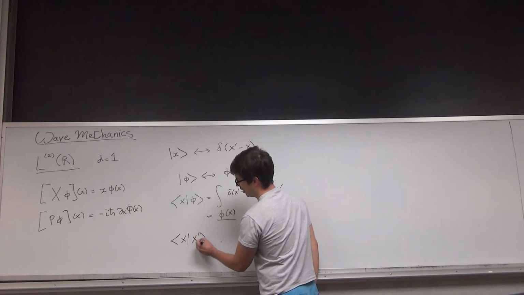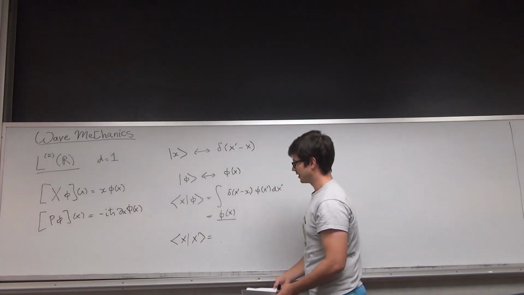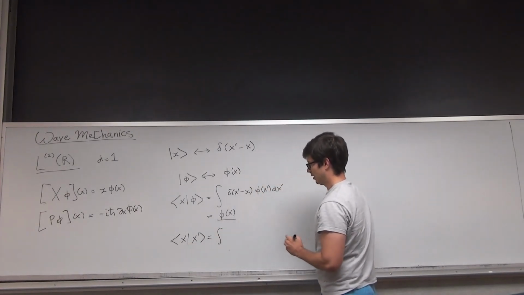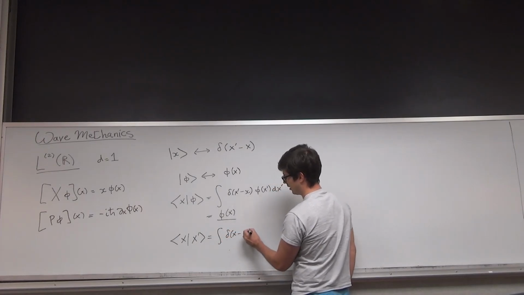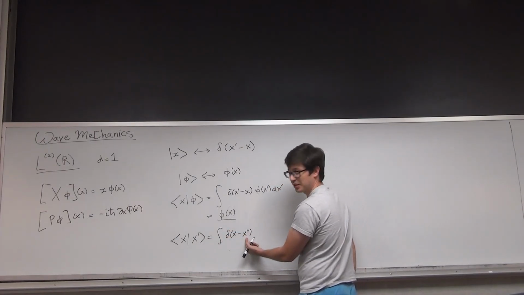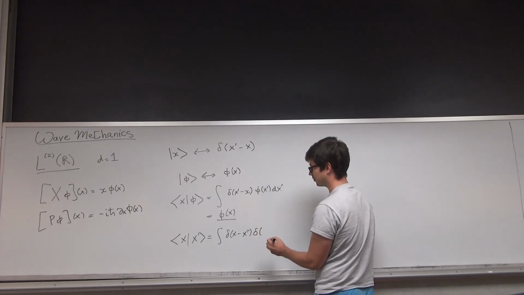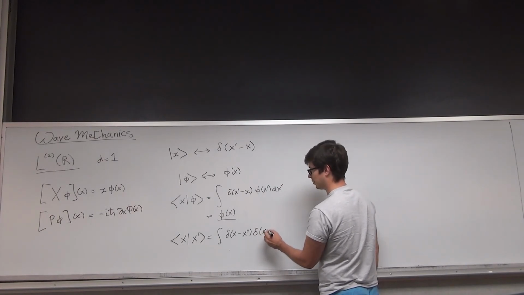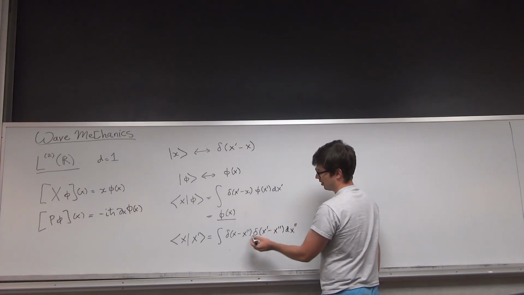Incidentally, you can do the same thing here. If you treat these as delta functions, what's this thing? This is the inner product between two delta functions. So what do we do here? We would put delta of x minus x double prime, where x double prime is the variable of integration, and then here you would have delta of x prime minus x double prime, and you integrate over dx double prime.